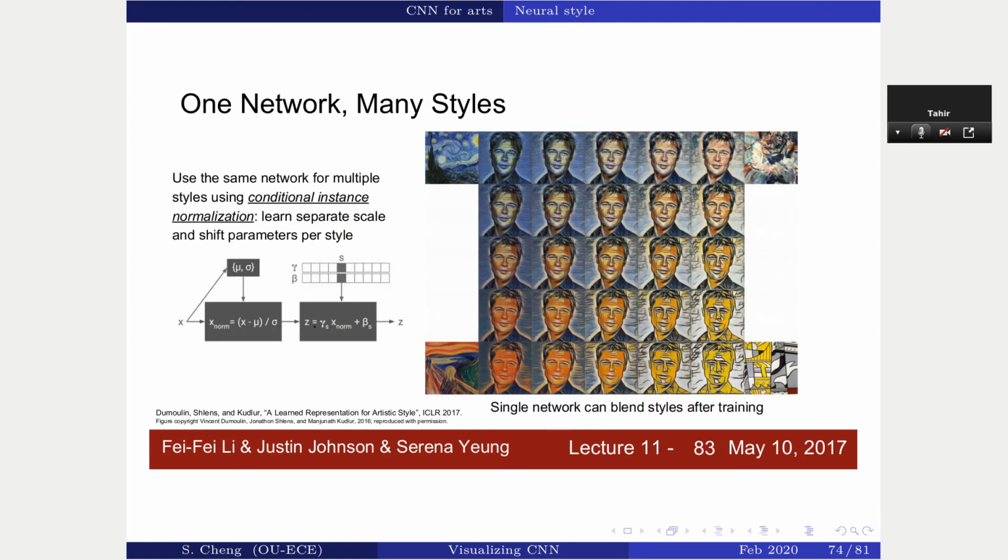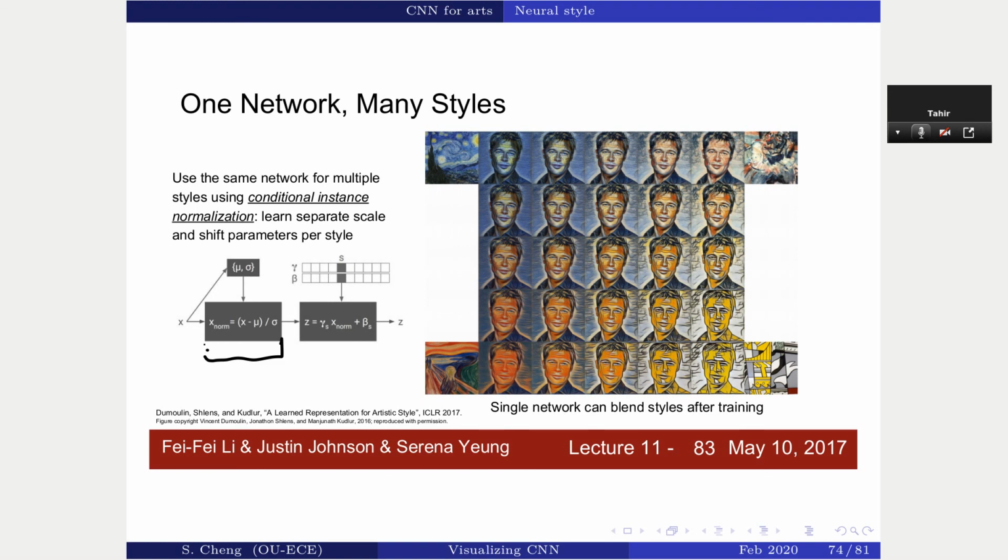But they have a more interesting discovery in that paper, which is that you vary that. They do this instance normalization, and at the same time you vary that. If you remember, when we do batch norm, we normalize whatever input is coming in.